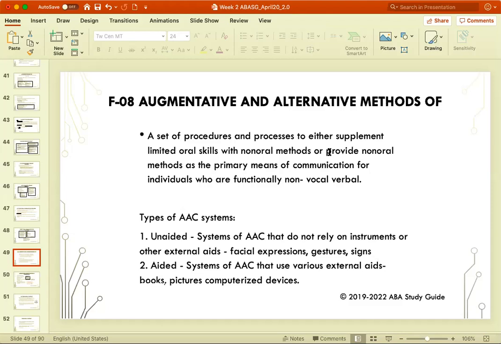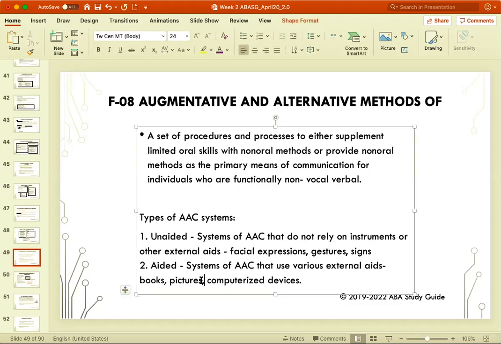So we have unaided and aided systems. Unaided is systems that don't rely on instruments or other externals. So you're not aided, you use what you have. Your facial expressions, your gestures, your signs, your points, those are all unaided AAC systems. PECS is going to be an example of an aided system. This is a system that uses various external aids such as books, pictures, or computerized devices. So that would be your AAC.